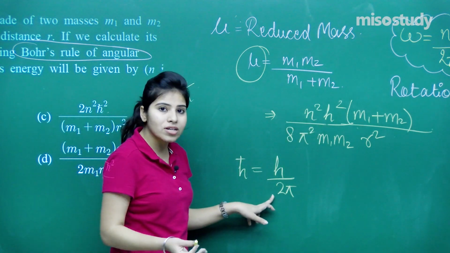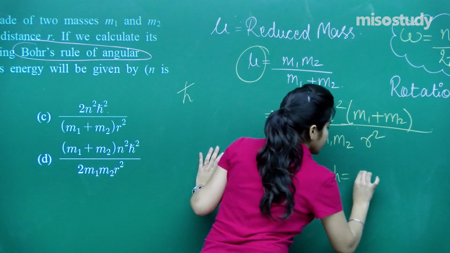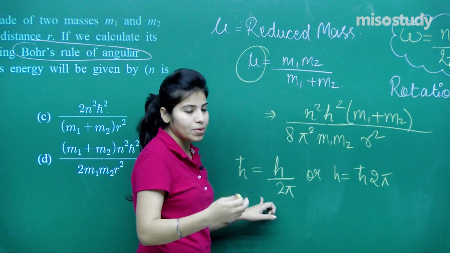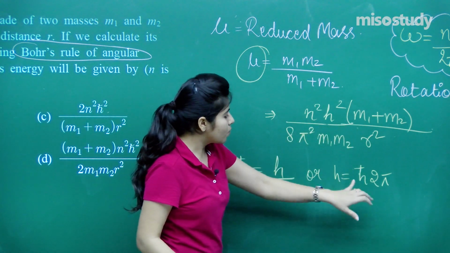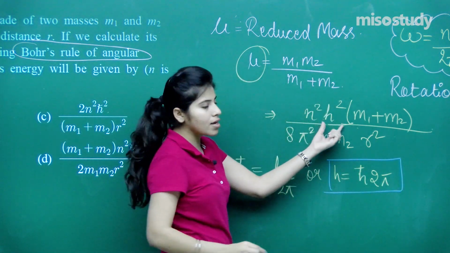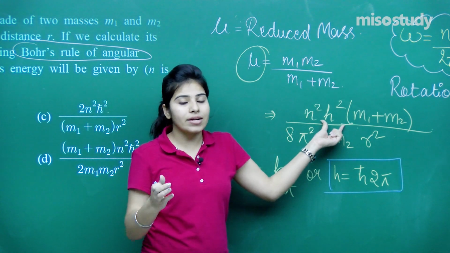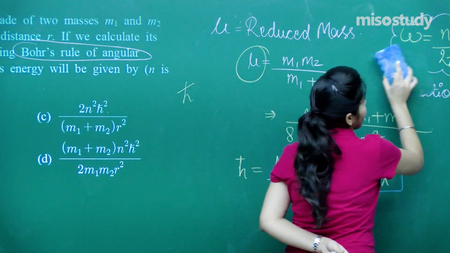So from here, h will be 2 pi into h prime. We are going to put this value into this equation, and then we will be finding the correct answer that has been written over here. So let me just come to this side.